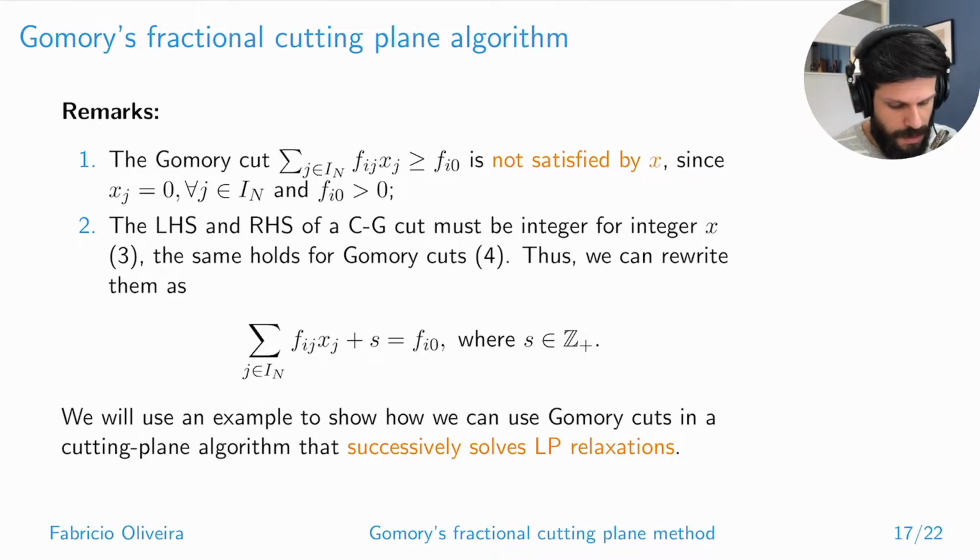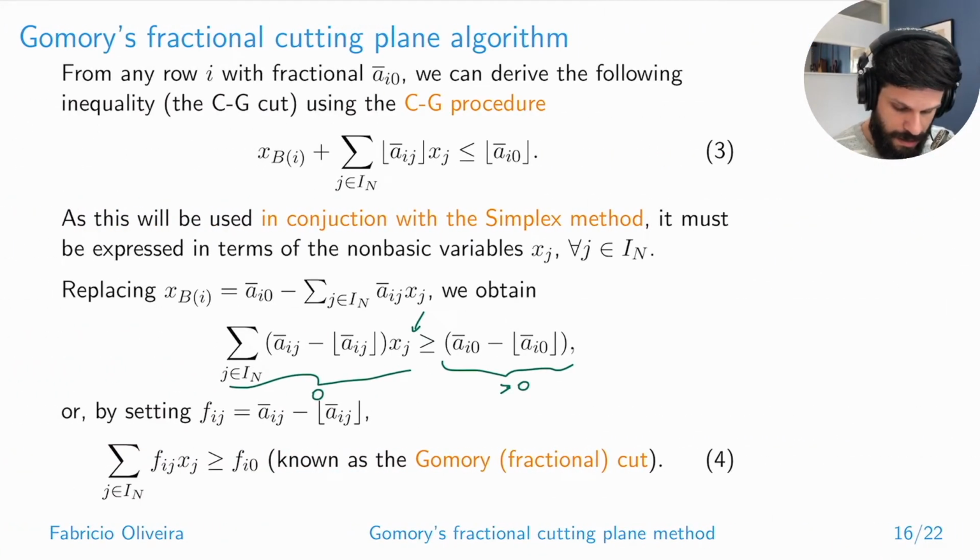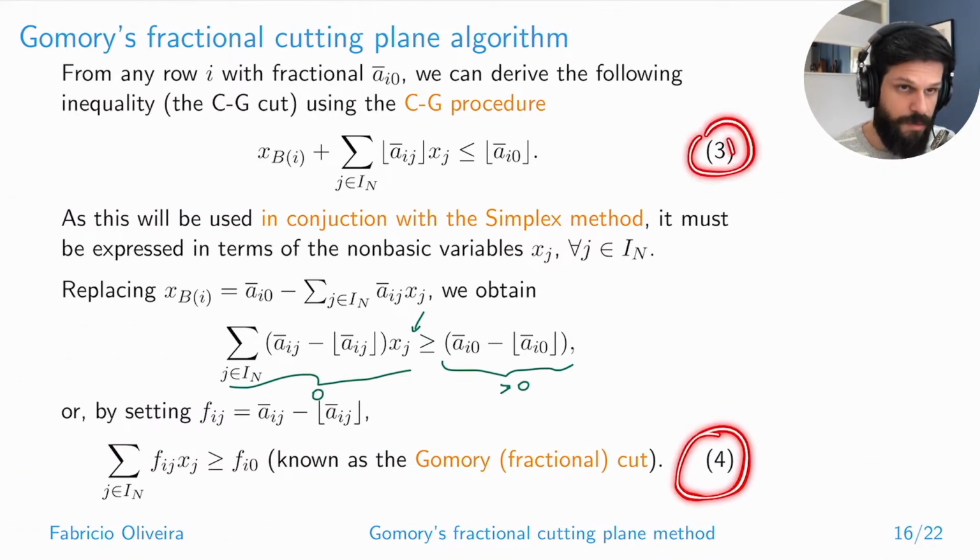This is also something interesting, but sometimes it's hard to see that being the case here, but it's easier to see in the original cut. Notice that this cut is derived from that just by simple substitution of xB, the basic variable xB.